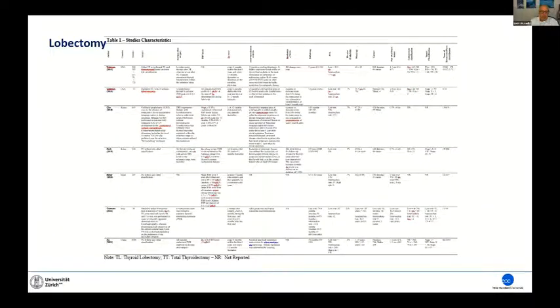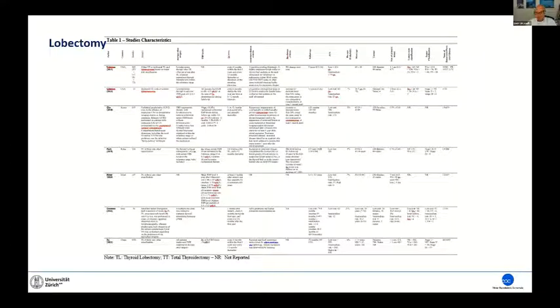And finally, what about lobectomy? I can give you some minutes to evaluate in depth this table. I'm joking, of course. This is just to show you a recent meta-analysis of our group, as different studies exist concerning the use of thyroglobulin in patients treated with lobectomy. And there were some recent studies on thyroid.